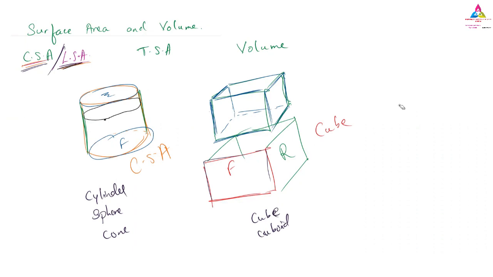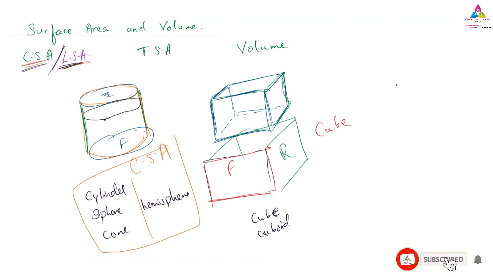Hemisphere in CSA? Yes, a hemisphere is a curved surface, so it will come on this side. So these are called curved surface area. It will include this much, and in the lateral surface area, it will be cube and cuboid for this year.